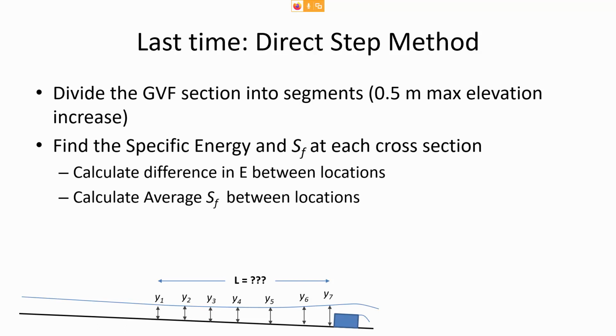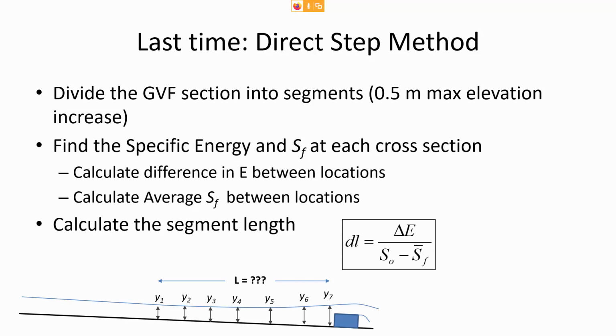When you're calculating the difference in energy between locations, you have to assume that the cross section isn't changing between sections. And so at Y7 and Y6 the depth is changing, but the width of the channel can't change. And so this method, this direct step method, is just limited to situations where the channel shape is constant.